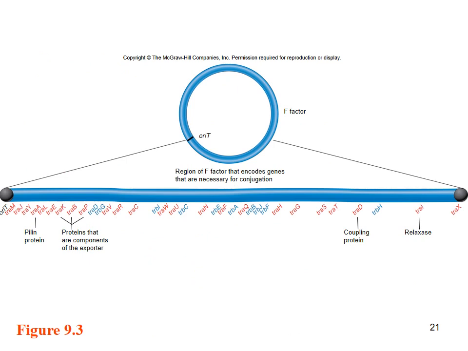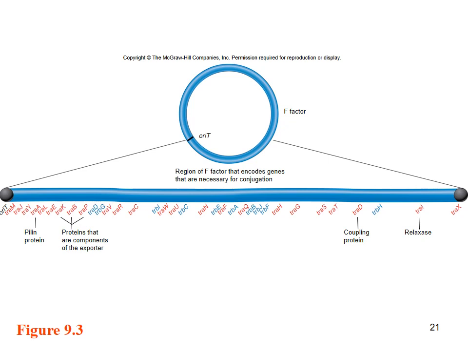All right, so here's a look at the F factor. Keep in mind that this is an example of a plasmid. A plasmid is just a circular piece of DNA. This plasmid is completely separate from the chromosomal DNA that the bacterium has. So this is just an additional piece in a circular format.